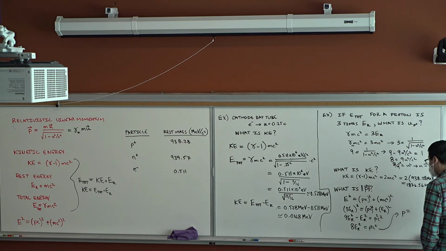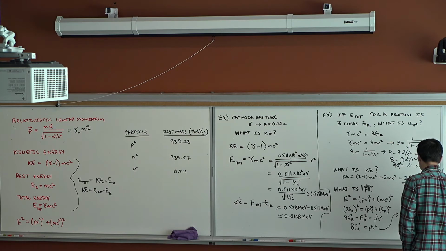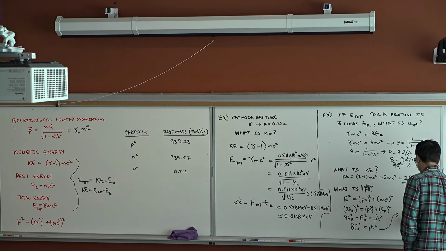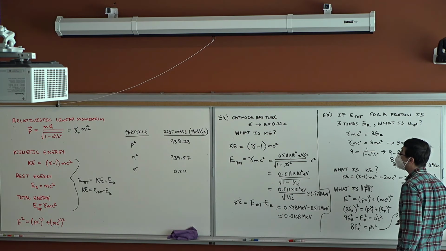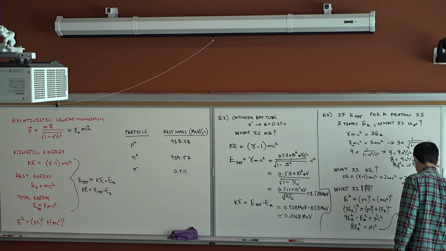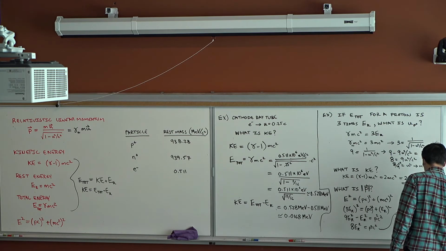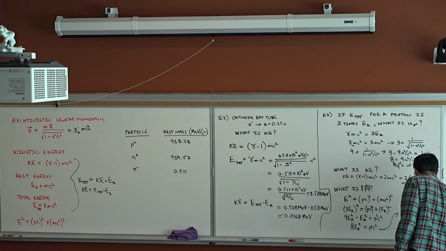That P squared is 8 E_R squared over C squared, or P is equal to root 8 E_R over C. And so we could say this is root 8 times 938.28 MeV over C. I got, let's see, 2650, give or take.